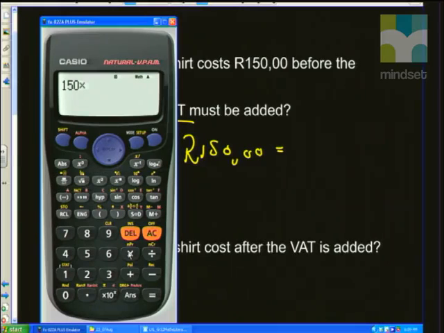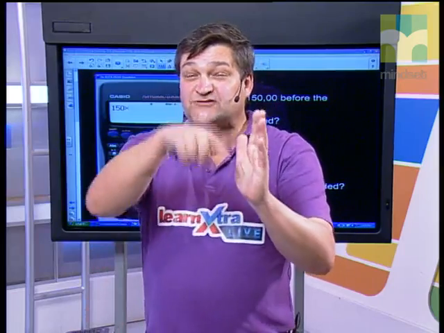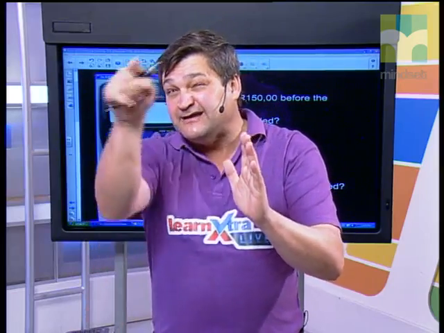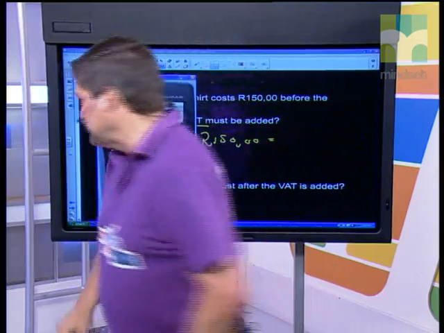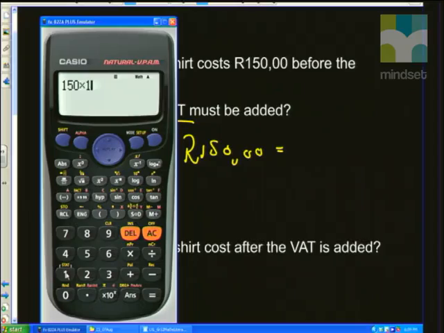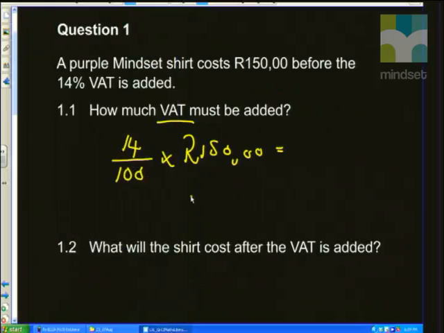Now, folks, on your calculator, 14% is percent over 100. So we can write it as 14 over 100, or we can write it as 14, and on your calculator, there's a percent sign. So times 14, and here's my percent. Shift percent. And it'll give me my answer of 21. 21 what? 21 Rand. Why 21 Rand? Because I'm dealing with rands.